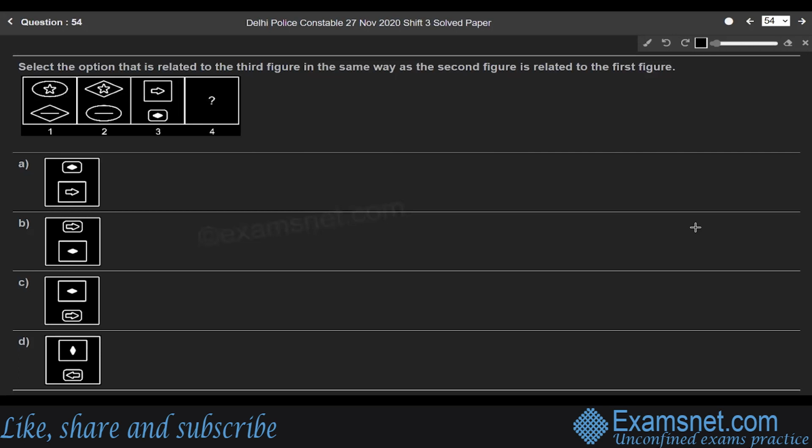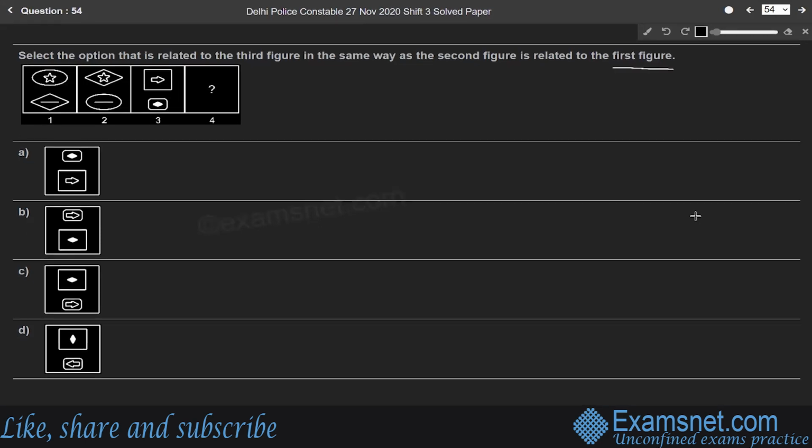Question 54. Select the option that is related to the third figure in the same way as the second figure is related to the first figure. So here in the first two figures, the oval shape and the quadrilateral shape swapped their positions in the second figure. So there is an interchange of the position of oval and the quadrilateral. Similarly, in the third figure, the outer shapes will swap their positions in the fourth figure.